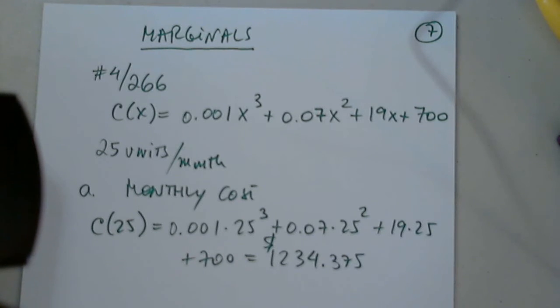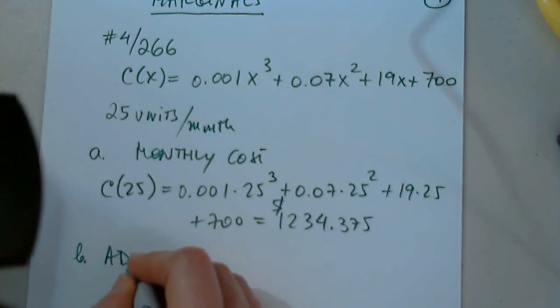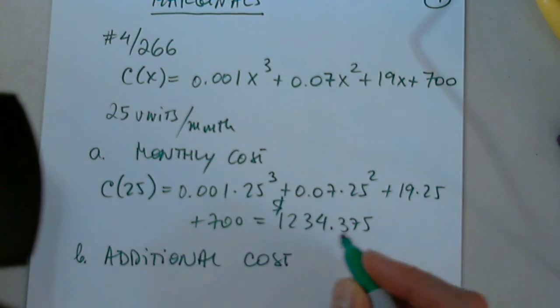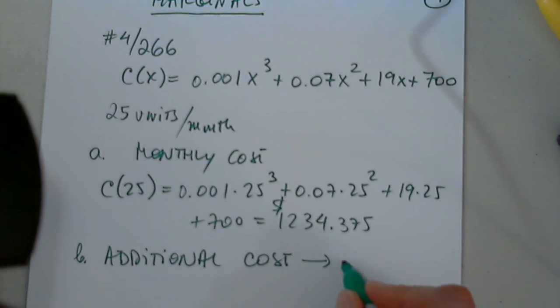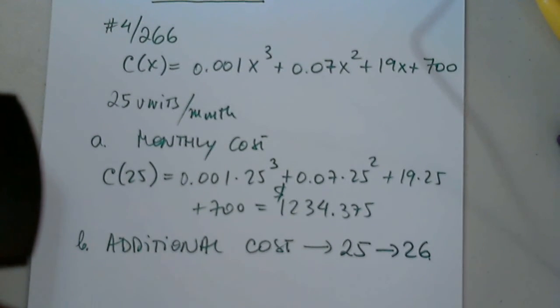Next question, part B. What would be the additional cost of increasing production to 26 day packs monthly? So what is the additional cost? So part B, additional cost. If we go from 25 to 26, not a big deal.